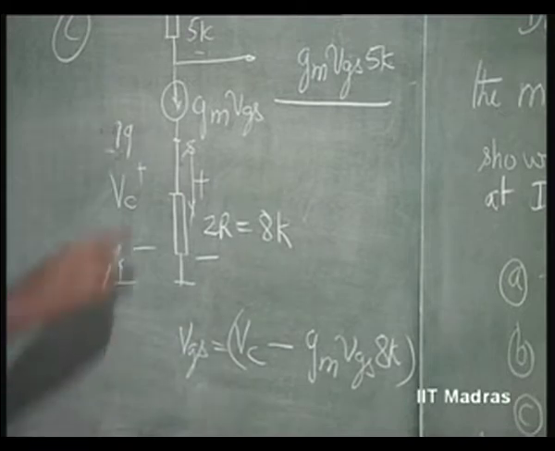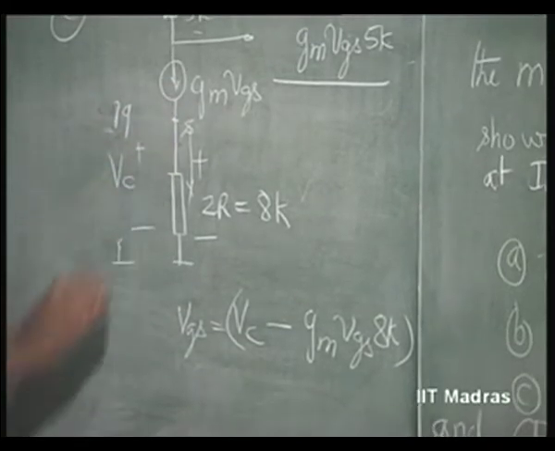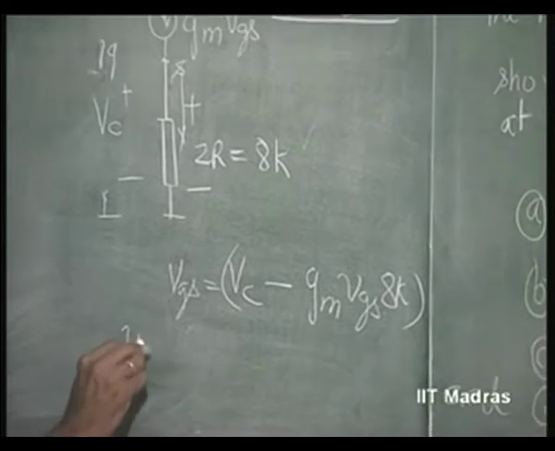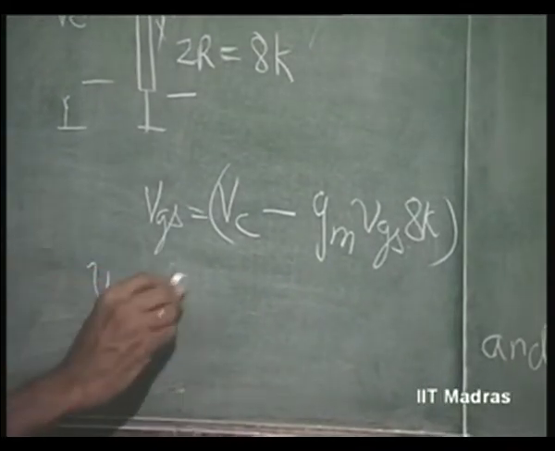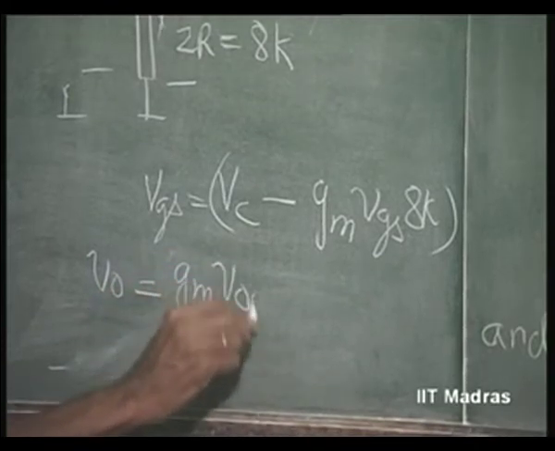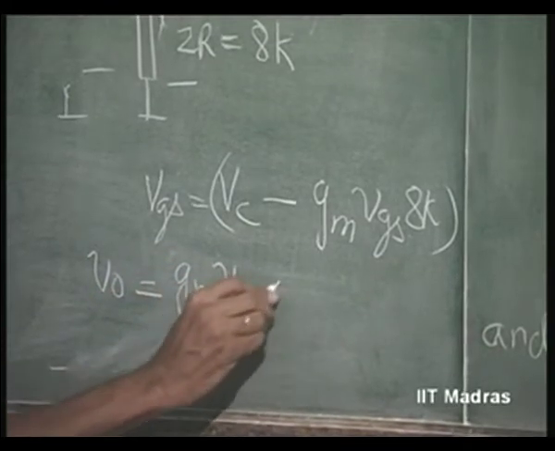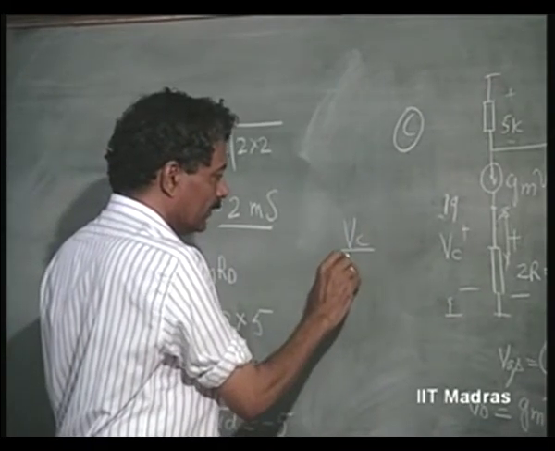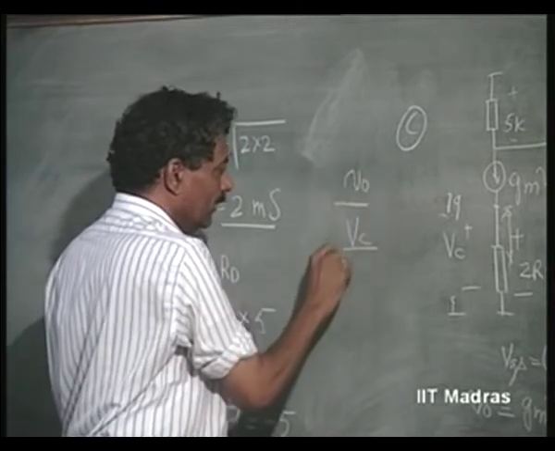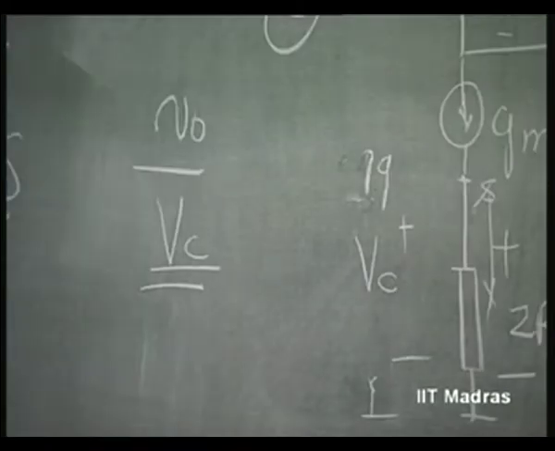So, output V naught is equal to gm Vgs into 5K. We can eliminate Vgs from this and obtain V naught divided by Vc as the common mode gain.